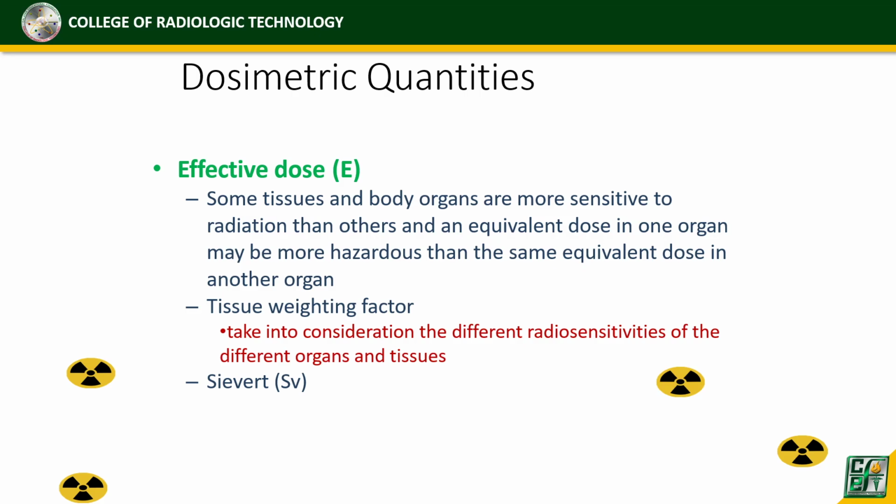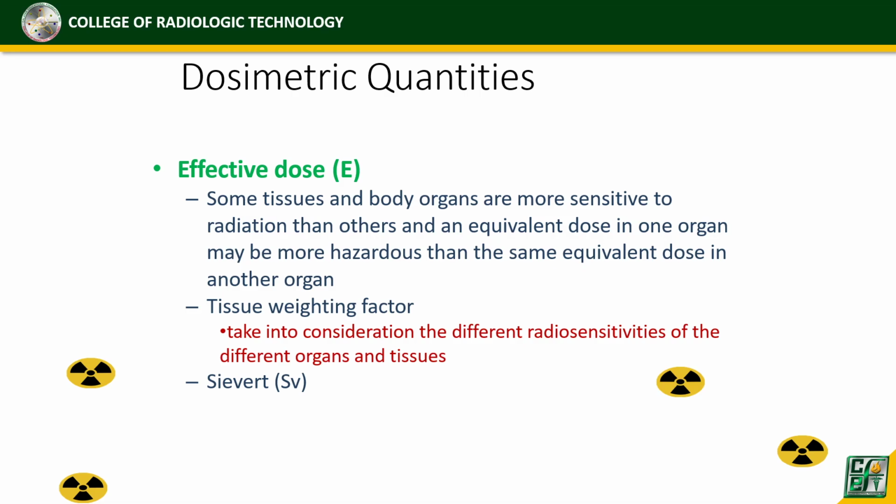So next is the effective dose. Effective dose ay ang symbol niya is capital letter E. Okay. Some tissues and body organs are more sensitive to radiation than others, and an equivalent dose in one organ may be more hazardous than the same equivalent dose in another organ.